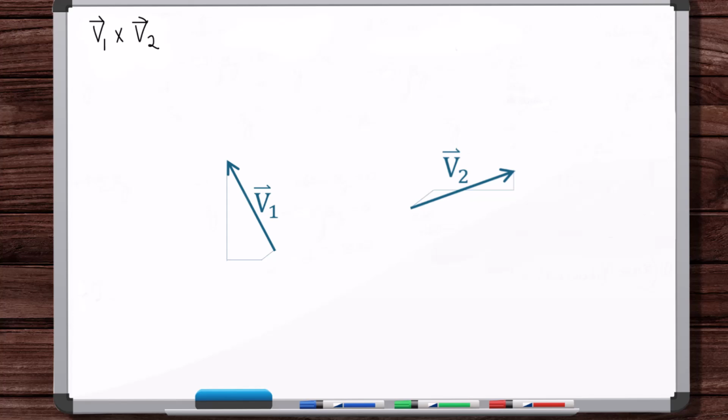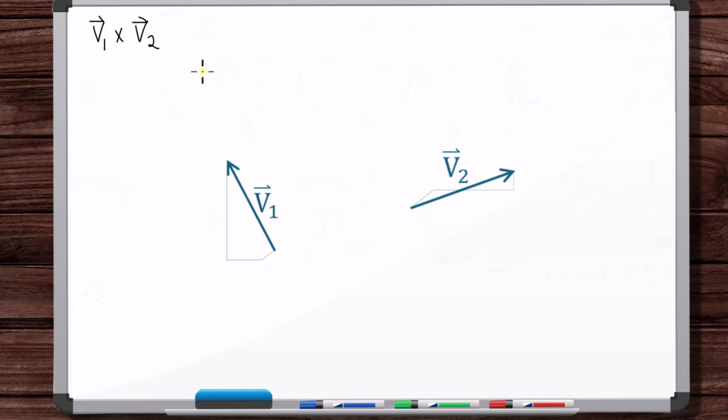All right, well, first of all, remember that the output of the cross product is going to be a vector, as opposed to the dot product, where the output is a scalar. That's why the dot product is also referred to as the scalar product, whereas the cross product is referred to as the vector product.